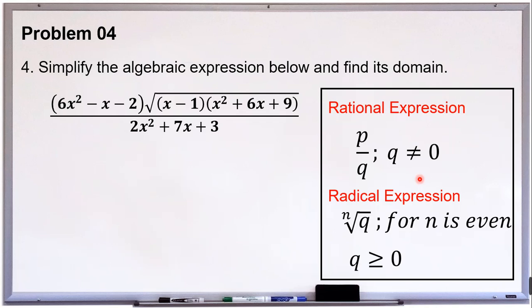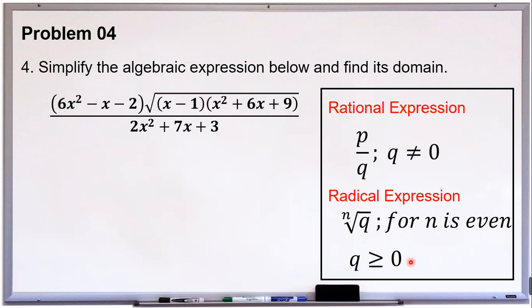The next restriction is for the radical expression, especially for an even index, so you have the nth root of q. For n even, the expression inside the radical symbol, q, should be greater than or equal to 0, so that the expression will be defined. Because if we have a negative expression inside, it will produce an imaginary expression.